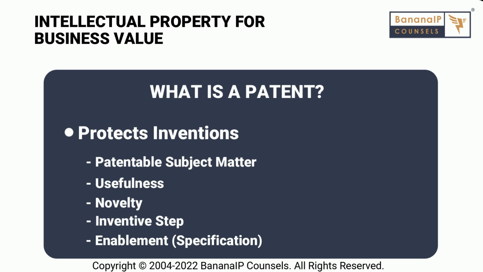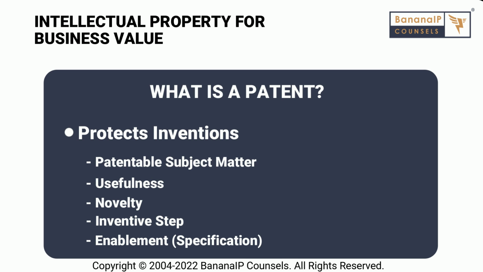In other words, there is a long list of inventions, about 50 of them, which are not patentable in India, irrespective of the fact that they are useful, novel, inventive, and they're actually good inventions. The government just decided that it will not grant patents on those subjects.